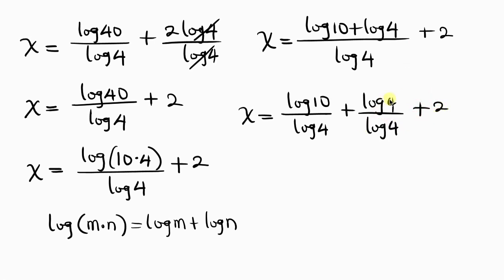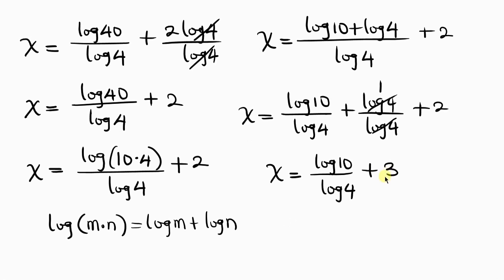Now see that log 4 divided by log 4, we have 1, and this simplifies into x equal to log 10 all over log 4 plus 1 plus 2 gives 3.